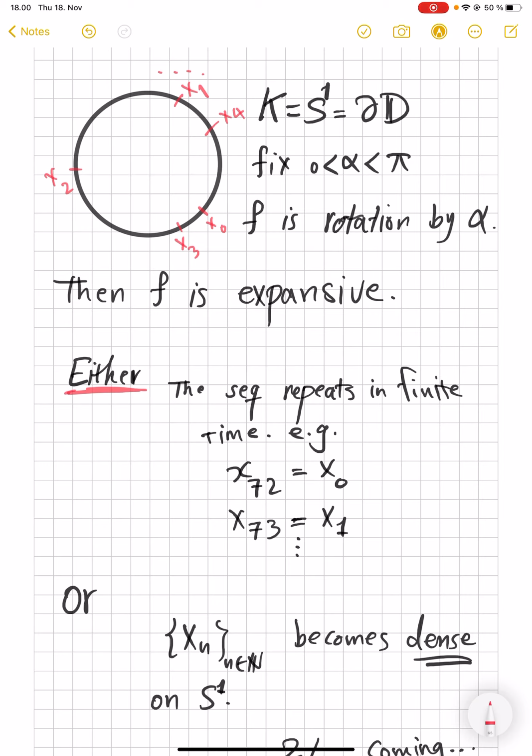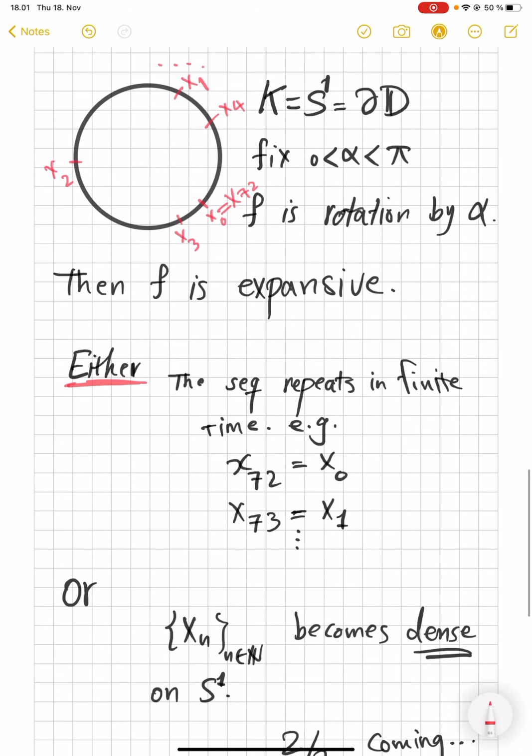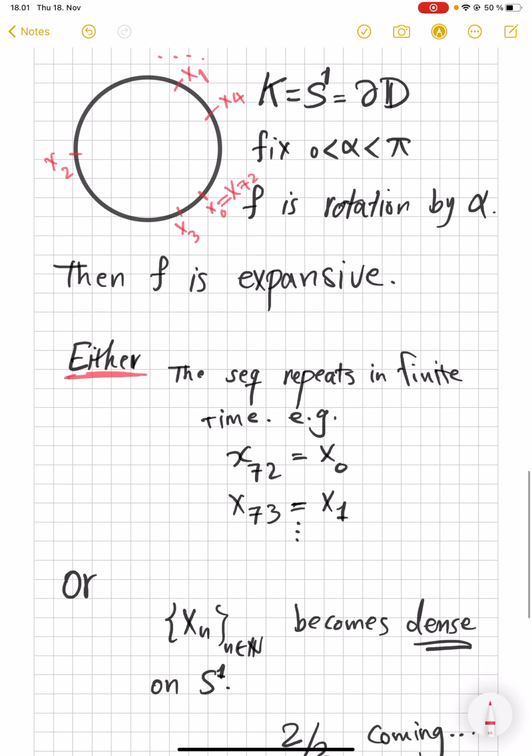For example, x72 will be exactly x0. And from that point, you have to repeat the exact same jumps. And then at 144, you will again reach this point back. That's one case. And in this case, we see that there is definitely a subsequence which converges to x0, and in this case it constantly approaches it.